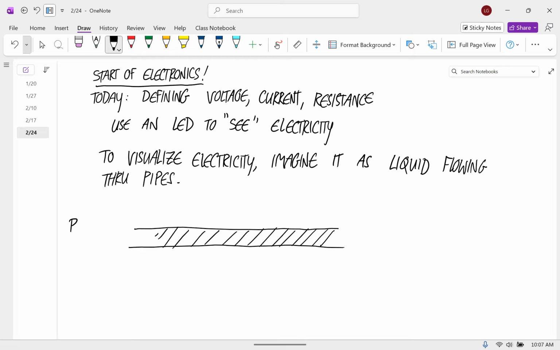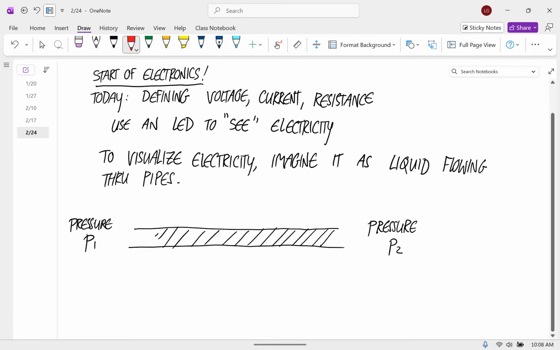You have a pressure on one side, I'll call that P1, and you have a pressure on the other side. And we're measuring the rate that fluid is flowing through some point in the pipe.